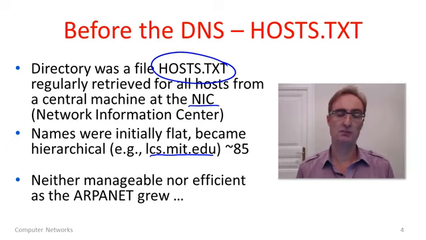It's not very efficient because there's a bit of a delay getting that information there, and before everyone's copied down the file nightly they can't contact you. And it's also not very efficient simply because that whole file has been transferred repeatedly to everywhere on the internet, whether everyone needs to contact everyone else or not.